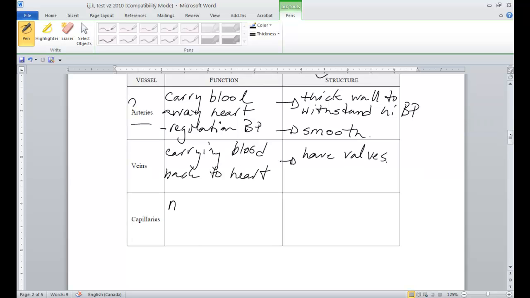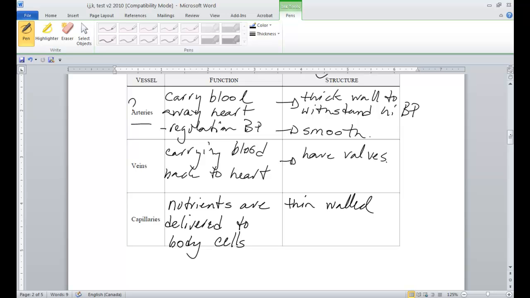Capillaries are where nutrients and wastes are exchanged. Nutrients are delivered to the body cells, right? We should know this. This is where nutrient exchange occurs, wastes enter the blood, nutrients enter the cells, and they are thin-walled to facilitate the diffusion of nutrients.